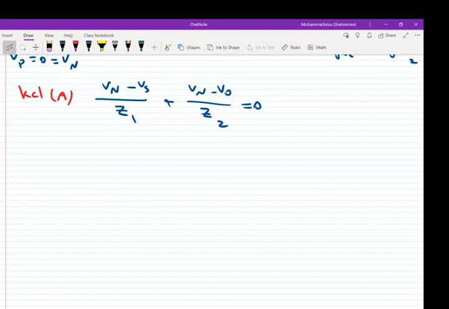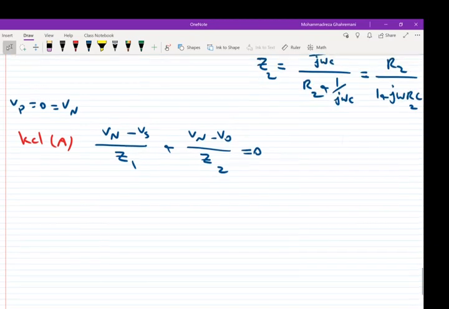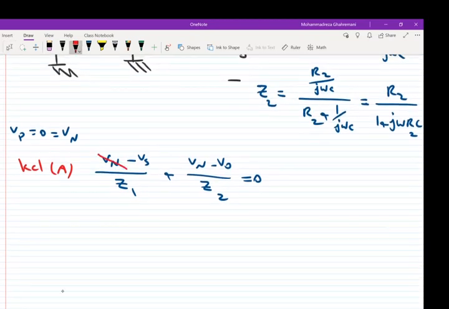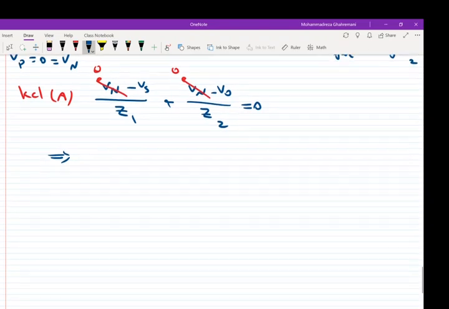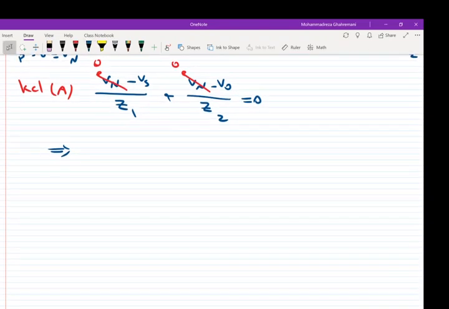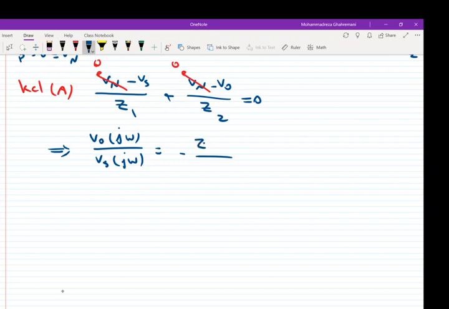Okay, so what we can do here, we simply say Vn is equal to 0. So as a result, Vo of j omega over Vs of j omega is equal to negative Z2 of j omega over Z1 of j omega.